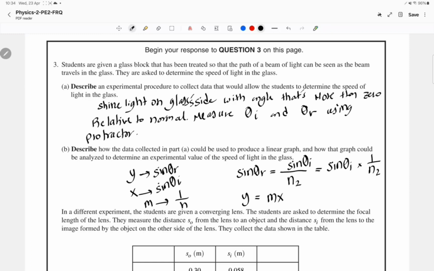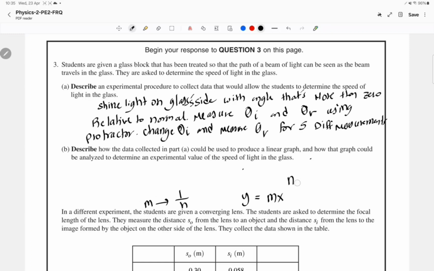Now, of course, having one measurement is not going to be enough. It's always best to have 5 measurements. So you're going to change the incidence angle and measure the refraction angle for 5 different measurements. 5 measurements will do.